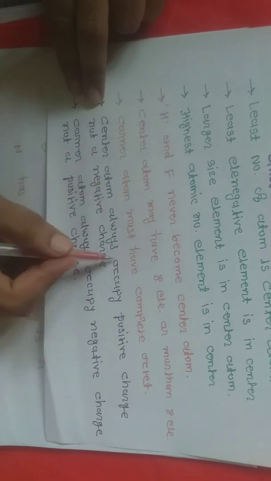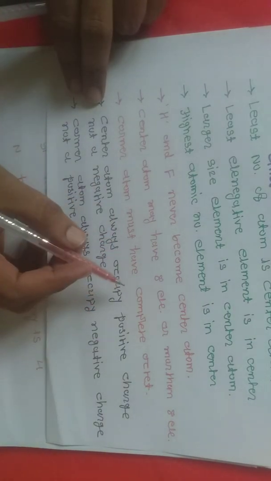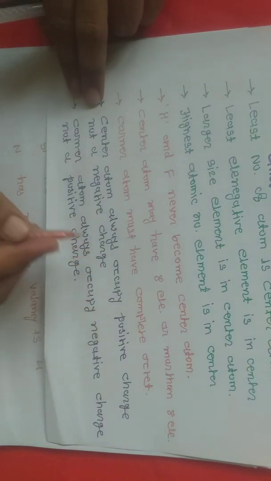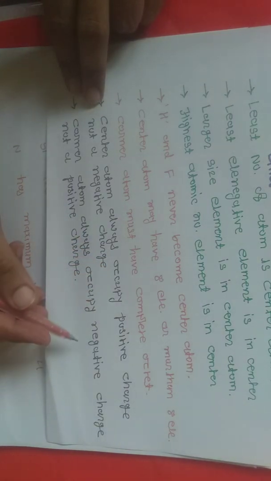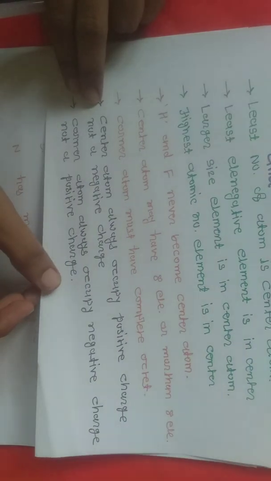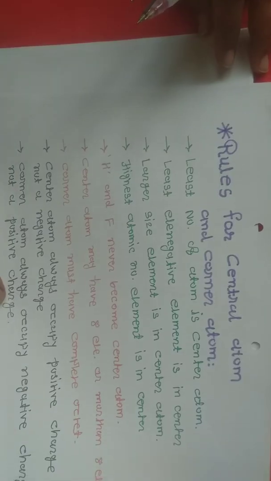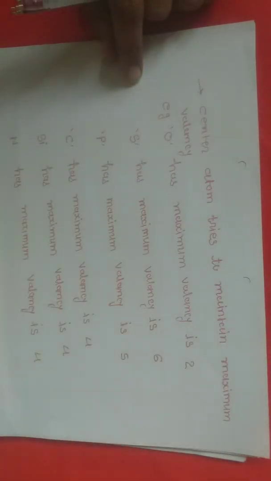Now the center atom always occupies a positive charge, never a negative charge. And the corner atom always occupies a negative charge, not a positive charge. It never occupies a positive charge. Right? So these are some simple rules to draw the Lewis dot diagram.